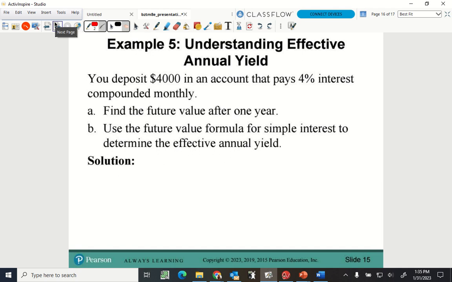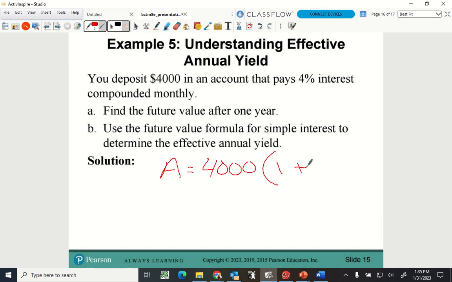You deposit $4,000 in an account that pays 4% interest, compounded monthly. Find the future value. Now, what variable is future value? A, right? So, A is equal to my principal. What is my principal? $4,000.